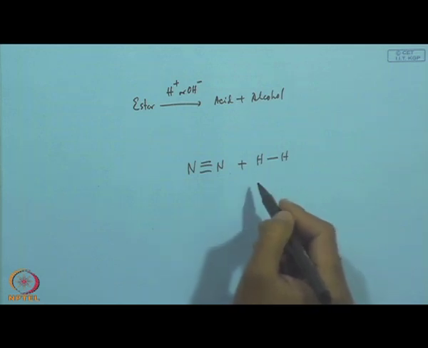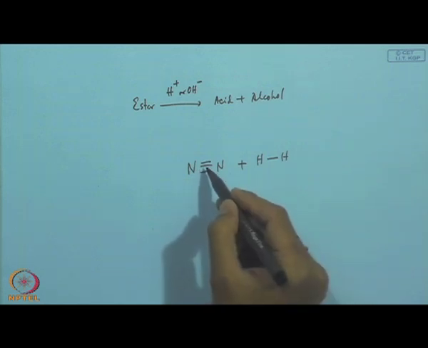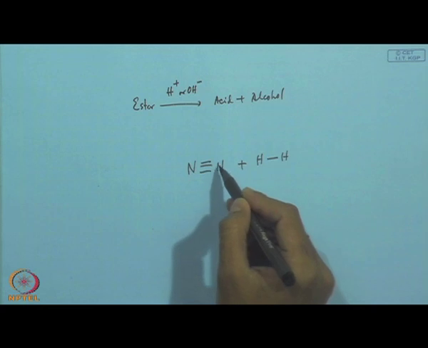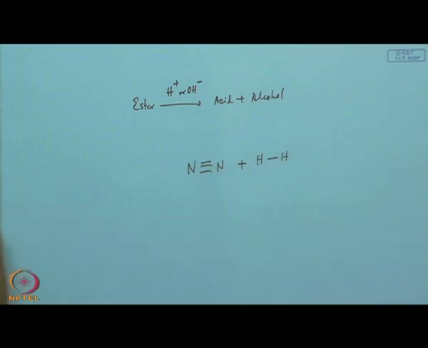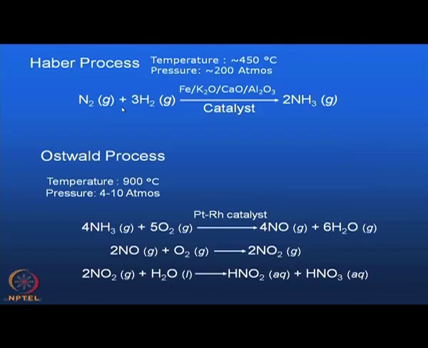This unreactive nitrogen undergoes the reaction N2 plus 3H2 producing 2NH3, ammonia production, and it requires an iron catalyst in presence of promoters. It requires a huge temperature, 450 degrees centigrade, and about 200 atmospheric pressure.